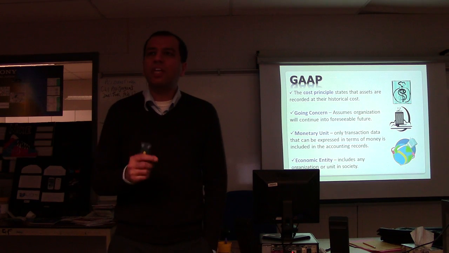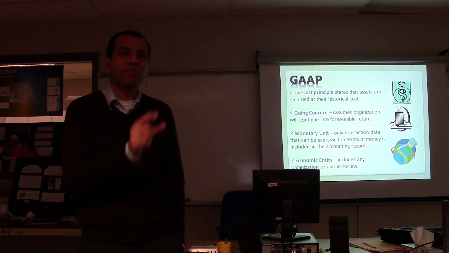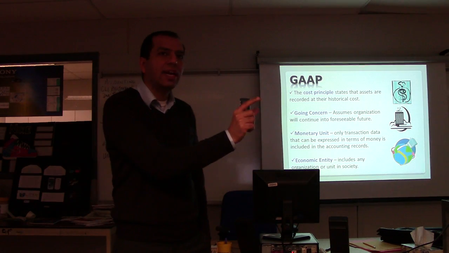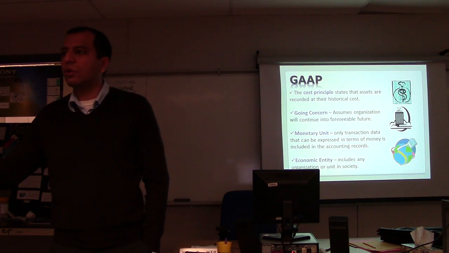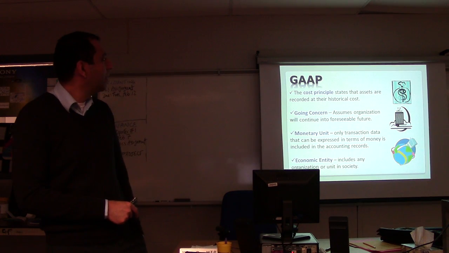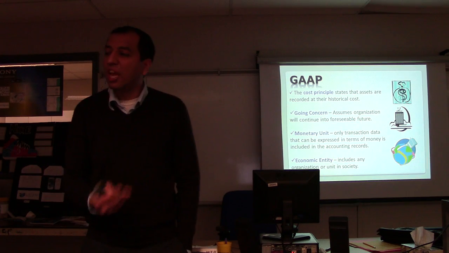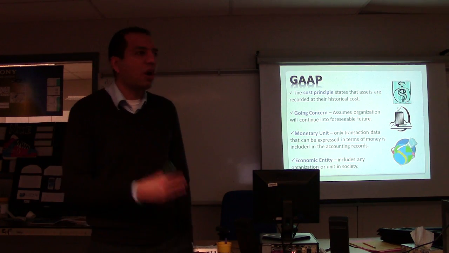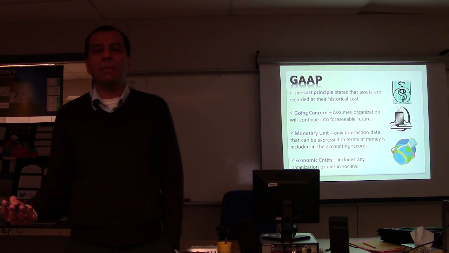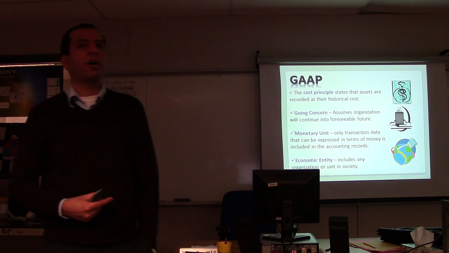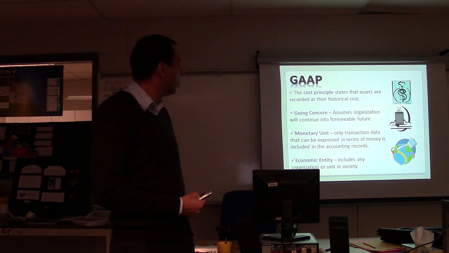The cost principle dictates assets, but of course the rest are implied, because if you are recording assets at historical cost, you're obviously recording liabilities at historical cost as well. This is something that has changed with IFRS coming in. You have a choice of cost or fair market value. Again, we'll talk about those concepts as we progress through the course.